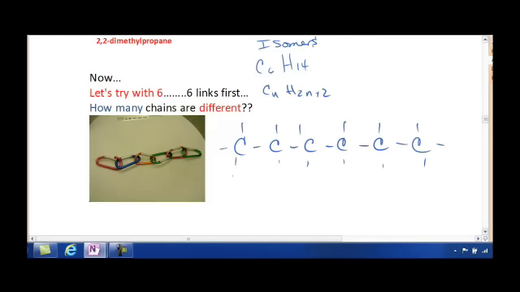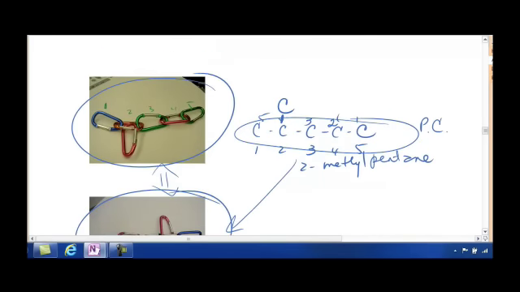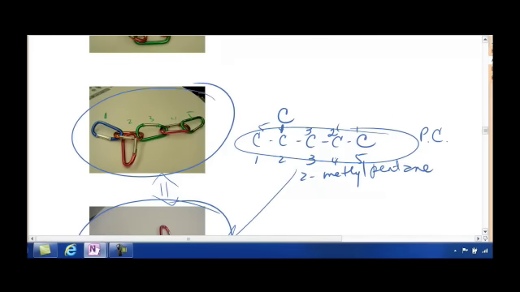That's hexane, C6H14. And then if you put a parent chain of 5, so your parent chain is no longer 6 but 5, and now you have a methyl on carbon 2, that's a branch. So that's 2-methylpentane. That's also C6H14. So they're isomers. They have the same molecular formula.